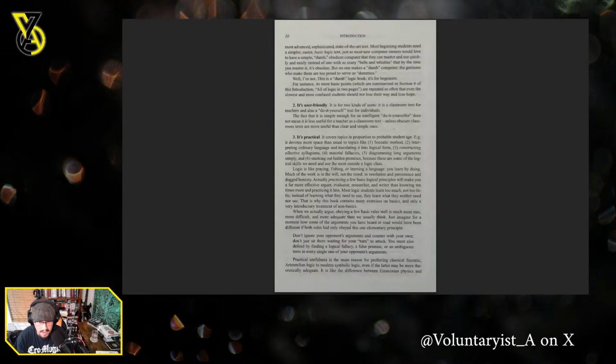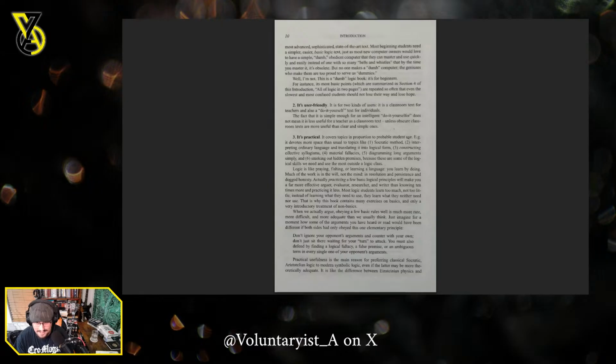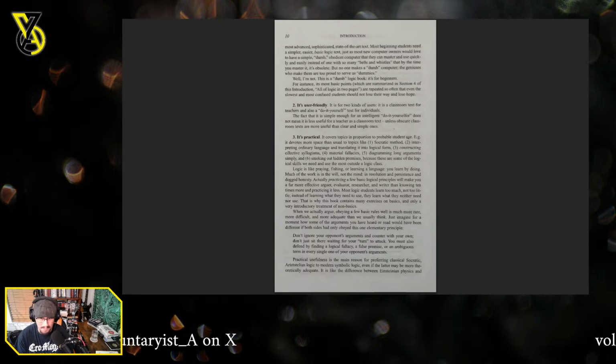Logic is like praying, fishing, or learning a language. You learn by doing. Much of the work is in the will, not the mind, in resolution and persistence and dogged honesty. Actually practicing a few basic logical principles will make you a far more effective arguer, evaluator, researcher, and writer than knowing 10 times more and practicing it less.